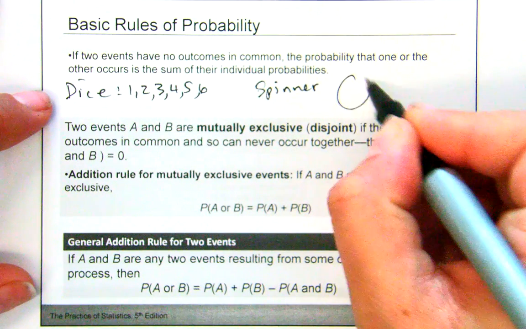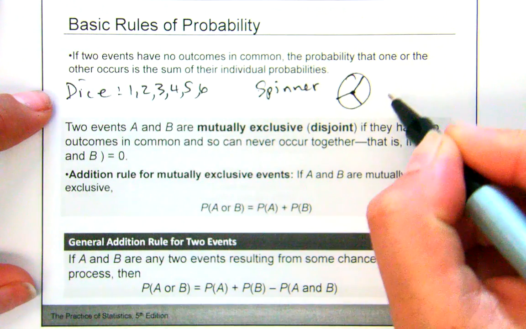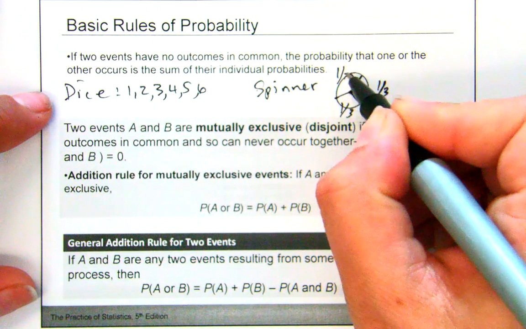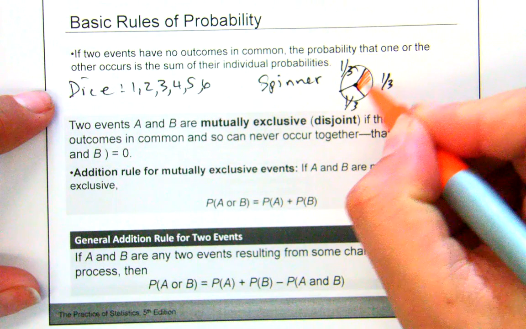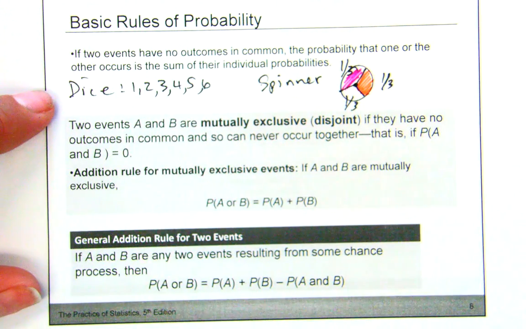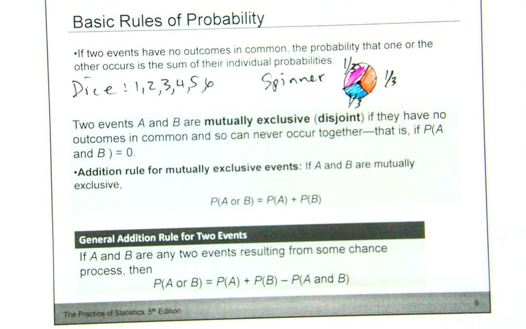A spinner being like a circle, divided into thirds: 1/3, 1/3, and 1/3. And let's say you have orange, pink, and blue, I'm just making up colors. If one has nothing to do with the other, then you can just add up the probabilities.